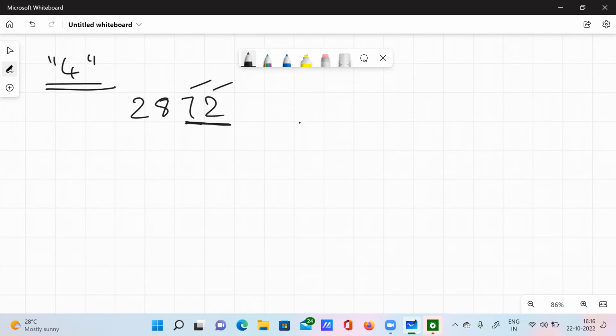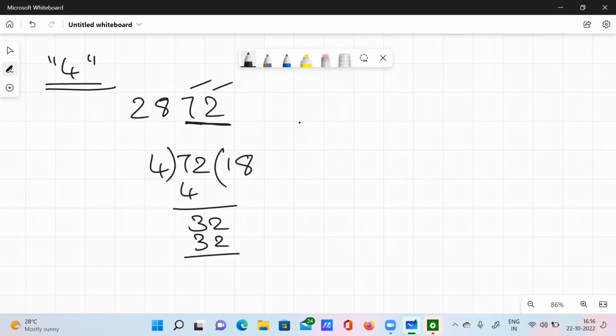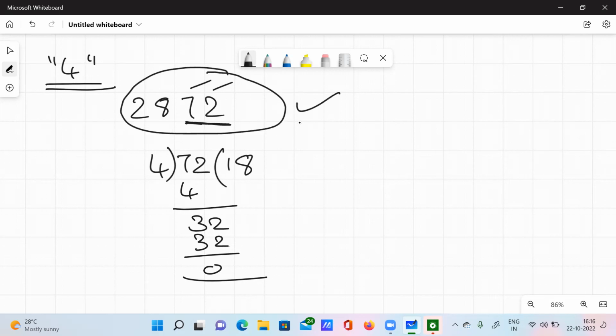How to do that? Just look at here. So what are the last two digits here? That is 72. Can you say that this number is actually divisible by 4? See, let's check here. 4 ones are 4, 4 eights are 32, right? So you can say that 72 is actually divisible by 4 here. So you can definitely say that this whole number is actually divisible by 4 also, right?